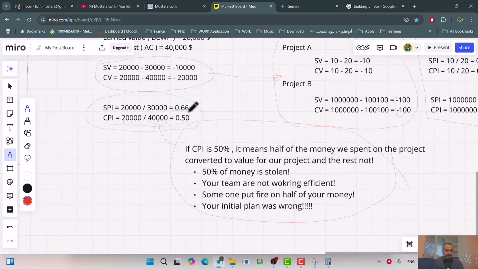So in this example, it means out of, for example, 60%, let's say 60%. Out of 10 days of work, only 6 days is creating value for your project. 4 days are waste.